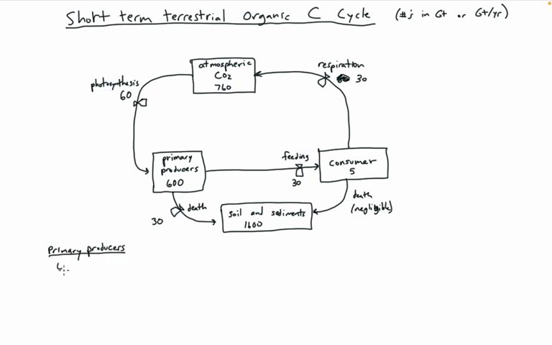So, primary productivity is organic matter produced by photosynthesis per time per area?